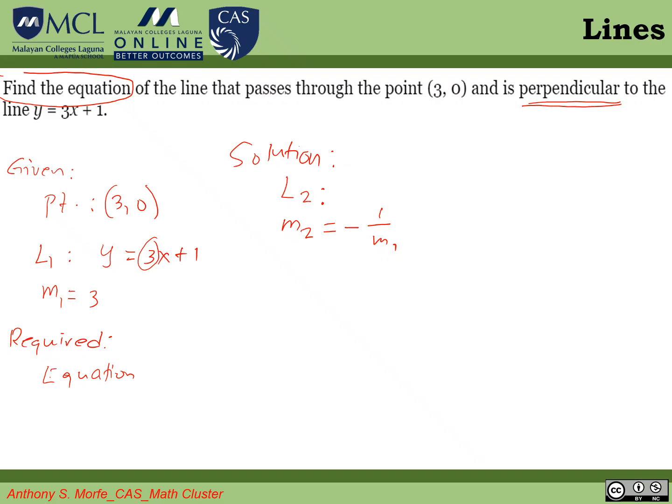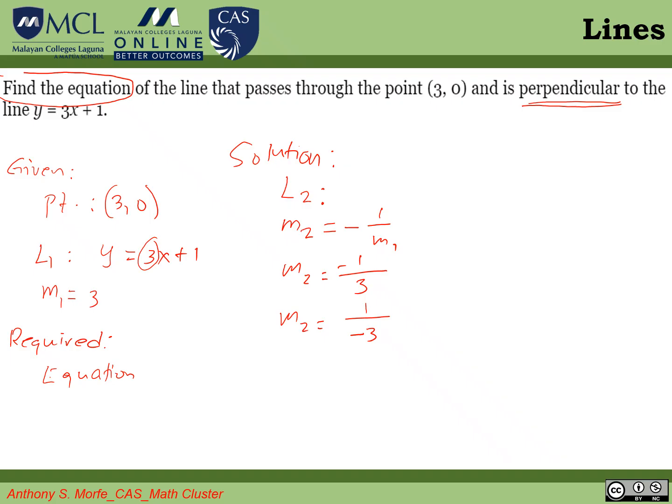We can get M1 from the equation. So M2 is equal to the negative reciprocal, so negative 1/3, or we can say M2 is equal to 1 over negative 3.